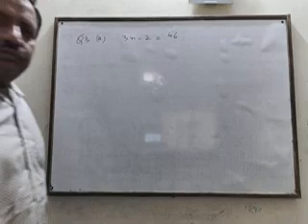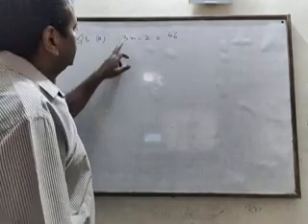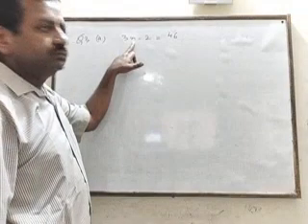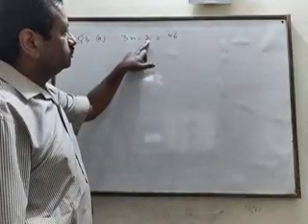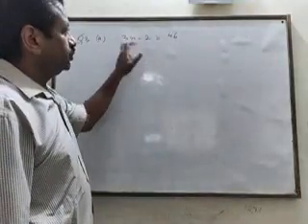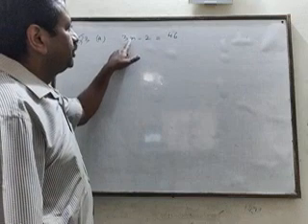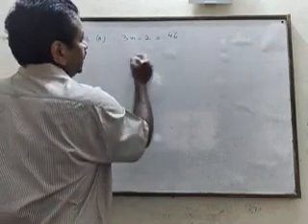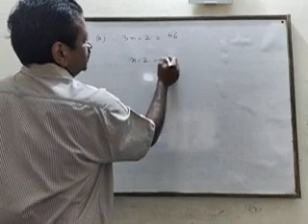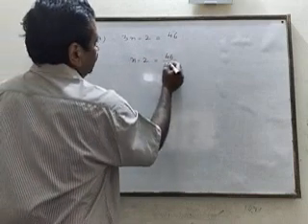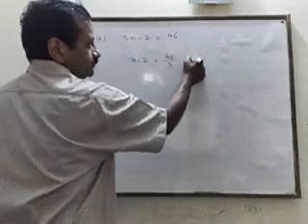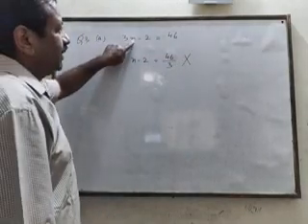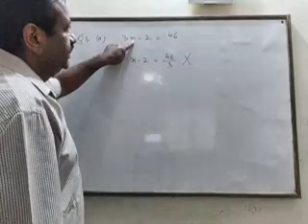Now here a few things are to be understood. This 3 is multiplying only with n, not with 2. So you cannot take this 3 across, because it is multiplying only here. If we write n minus 2 is equal to 46 upon 3, this is wrong. Why is it wrong? Because this 3 is multiplying with only n.